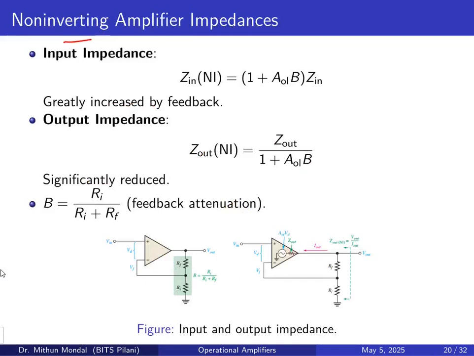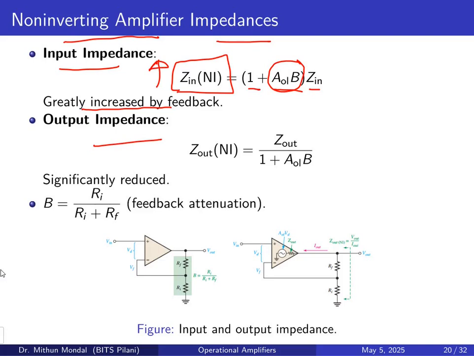Non-inverting amplifier impedance, if you want to measure, then input impedance under non-inverting condition will be equal to 1 plus open loop gain multiplied with attenuation, and it is multiplied with the input impedance. So it is greatly increased by the feedback. So due to this feedback, you can see that the input impedance is increasing.